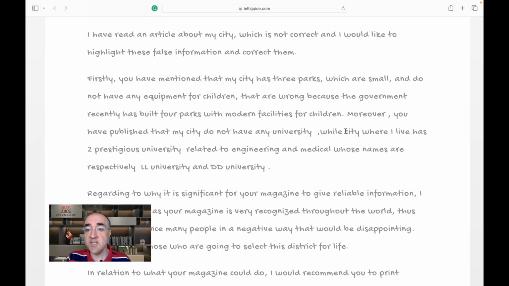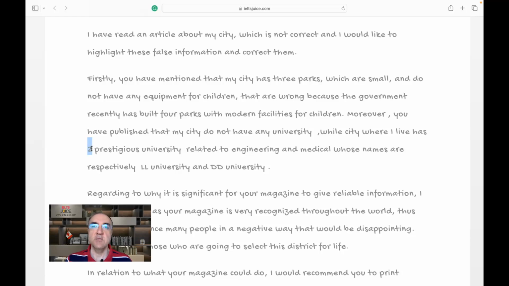While the city, or my city, where I live, has 2 prestigious universities. Remember, this is a formal letter. We are writing a letter to the editor-in-chief of a reputable or somewhat reputable magazine. And it's best to keep it formal.